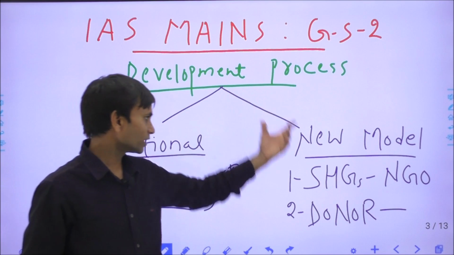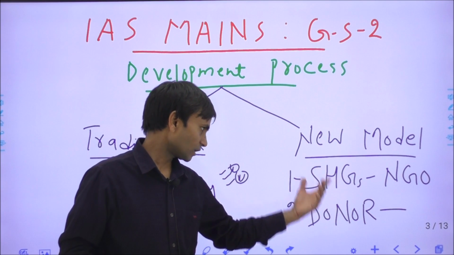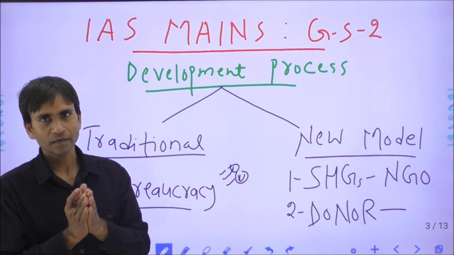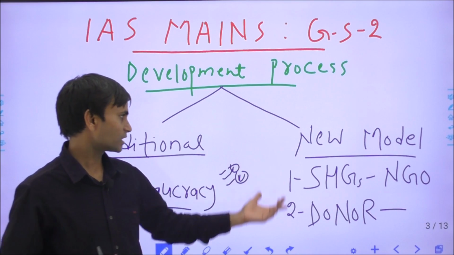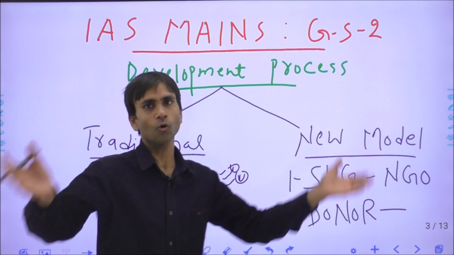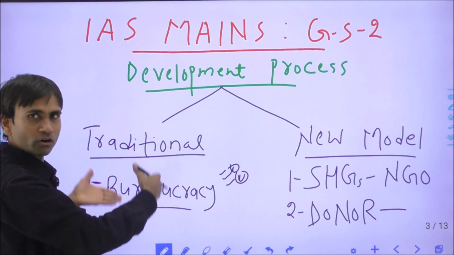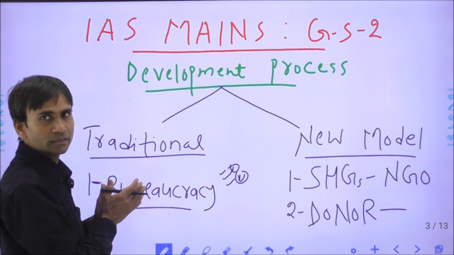So the new model covers many agencies and organizations, and in future the models may enlarge their scope, and we have to compare the new models and the traditional model of socio-economic development.